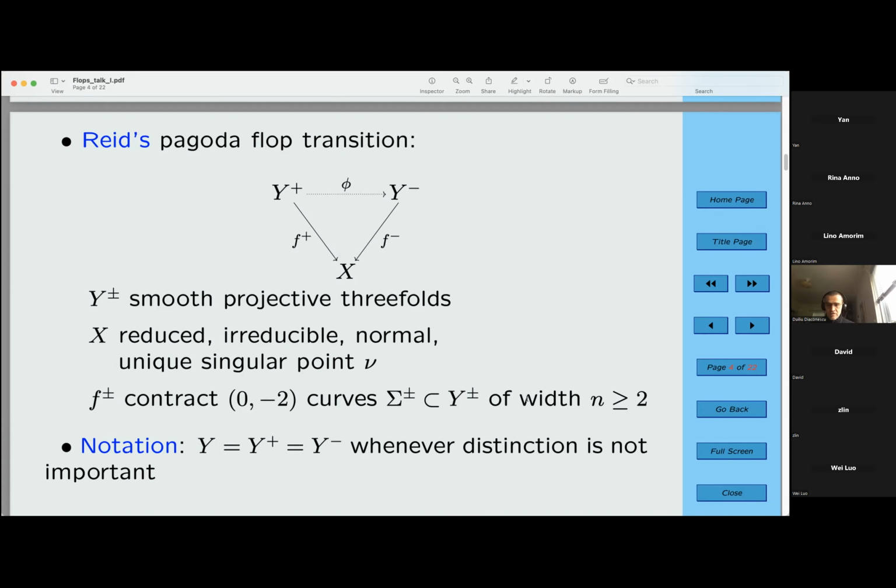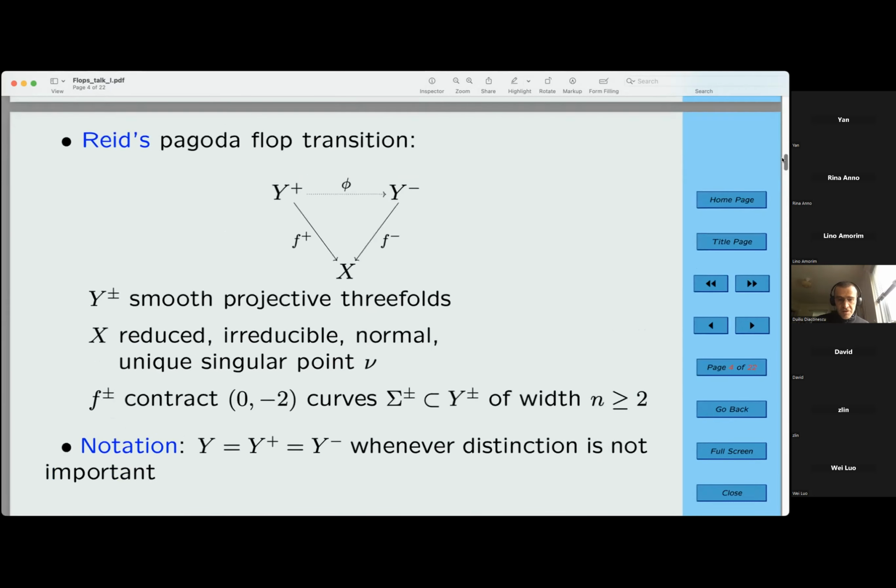So if you think about the local geometry, the geometry of the infinitesimal neighborhood of such a curve in the ambient threefold, it's a lot more complicated than just the conifold geometry, because the infinitesimal neighborhood is not determined by the normal bundle in this case. So this is the setup.